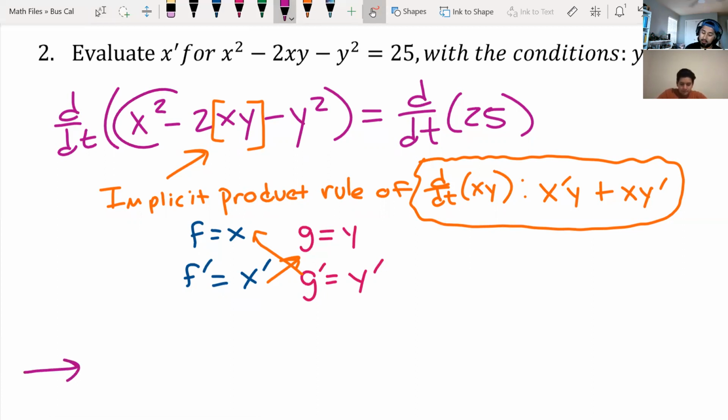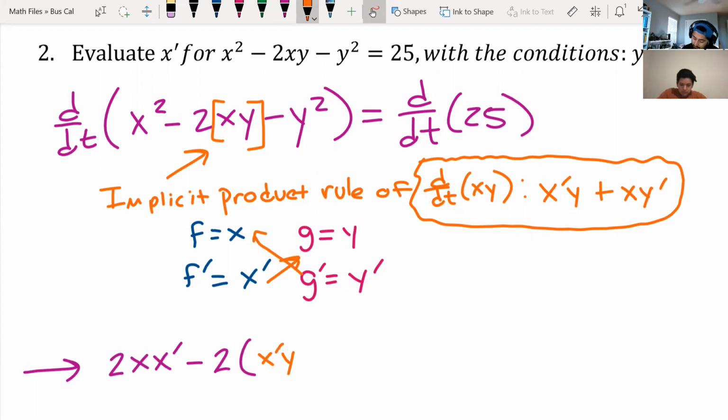So first up is the implicit derivative of x squared. That's going to be 2x x prime minus 2 times the implicit derivative of x times y, which we have above, x prime y plus x y prime, minus the implicit derivative of y squared, 2y y prime, equal to the derivative of 25, 0.